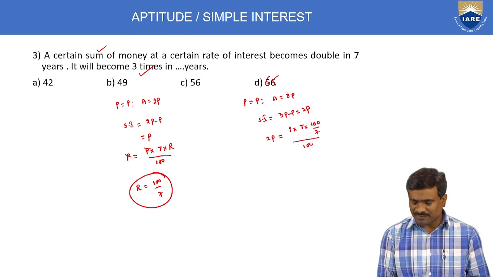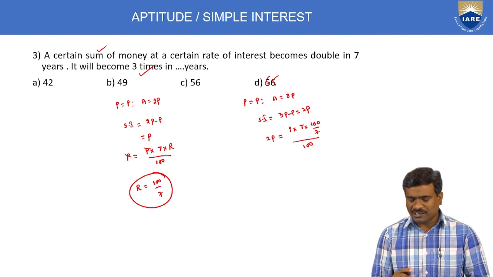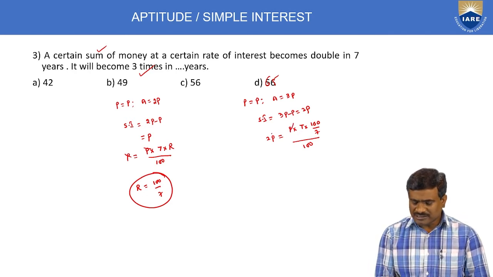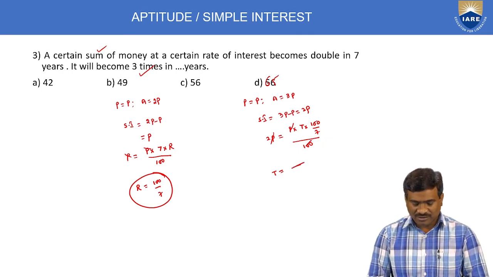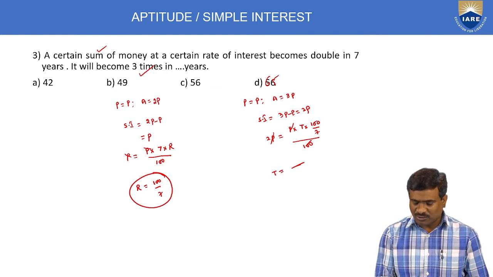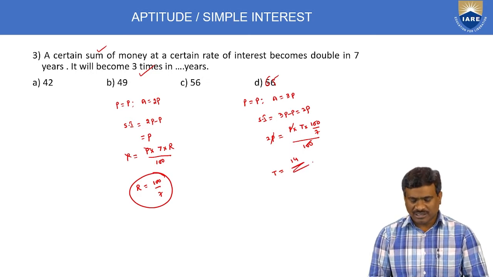Similar terms are cancelled, and 100 cancels. Then T is equal to 2P by P into 100 by 100, so 7 into 2 is 14. 14 years only correct.